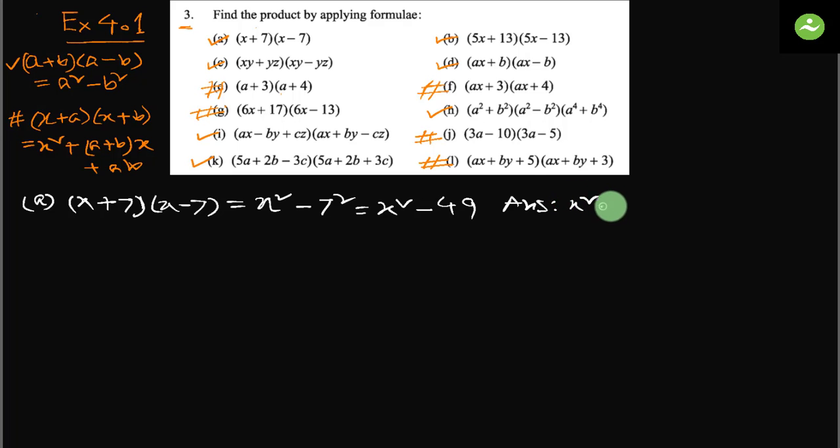X square minus 49. Next I will do this. Pretty easy. I think you can do it.